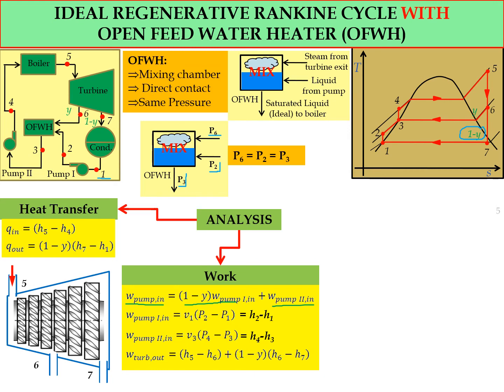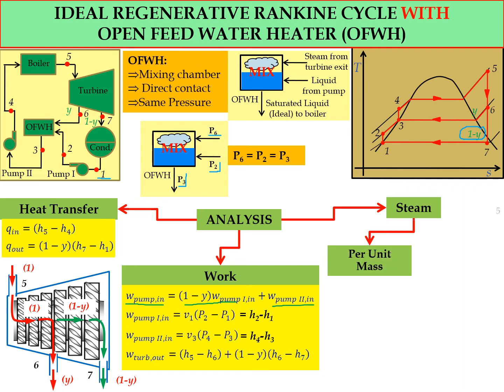So first the mass in at state 5 is 1, and it goes into the turbine and is still 1, and then Y% of the mass from 1 is bled out to feed into the open feed water heater, and then the rest will go out at state 7.